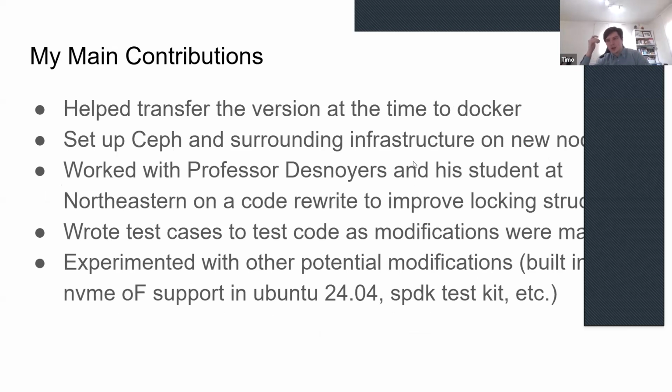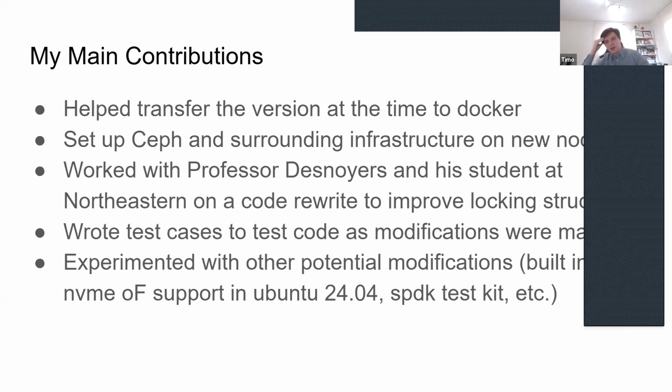Mainly what I was working on at the beginning of the summer was helping transfer it. Initially, the prototype was working with very specific versioning, and as a result, when we tried to transfer it to the same hardware nodes as D4N, we ran into a lot of issues actually utilizing it on those nodes.